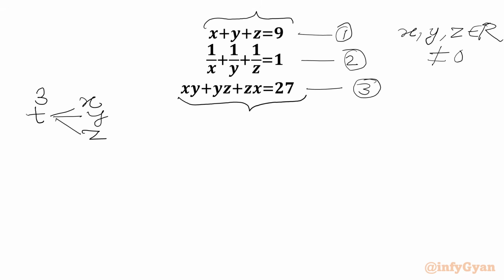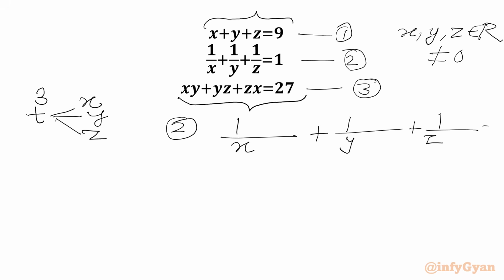Only the product of roots x, y, z is missing. So we will write our second equation to find the value of the product of roots: 1 over x plus 1 over y plus 1 over z will be equal to 1.